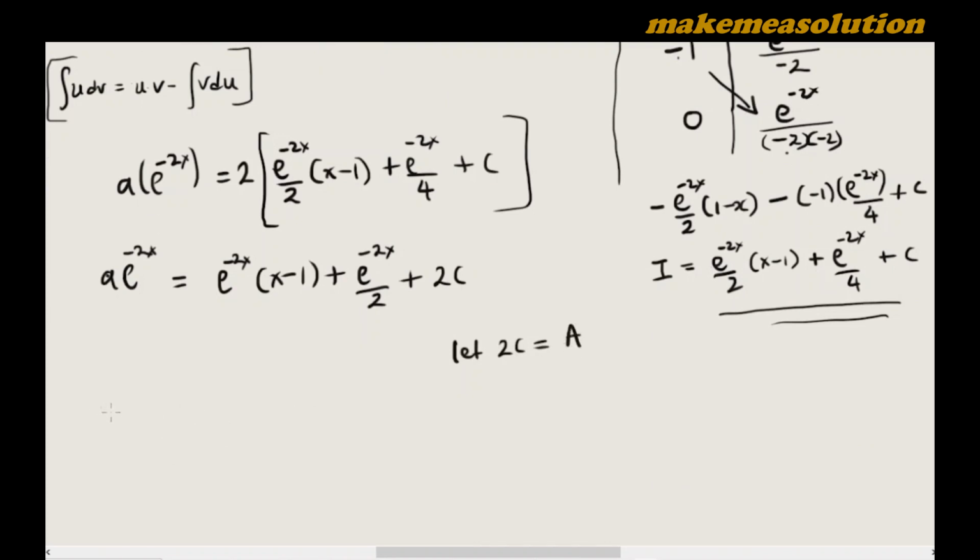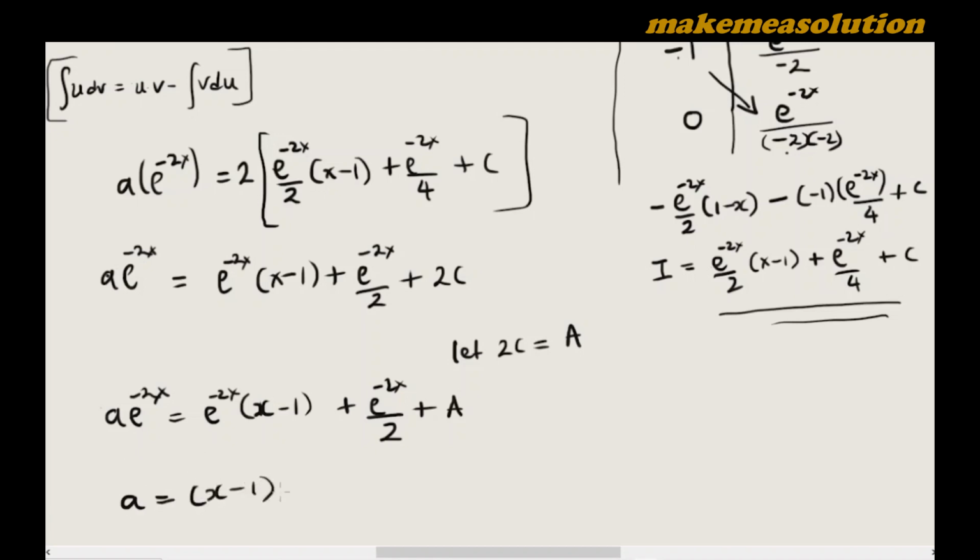So a exponential minus 2x is equal to exponential minus 2x into x minus 1 plus exponential minus 2x over 2, then plus a. So if you divide through by exponential minus 2x, a will be x minus 1, then plus 1 over 2, then plus a divided by exponential minus 2x.